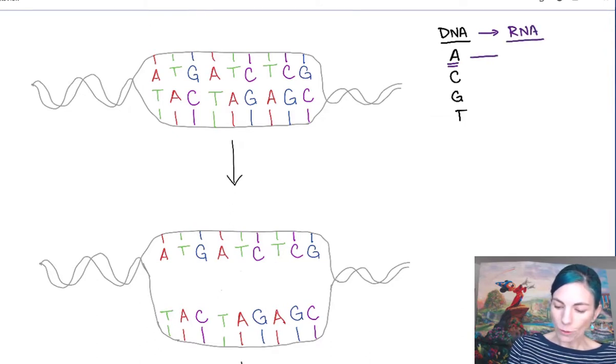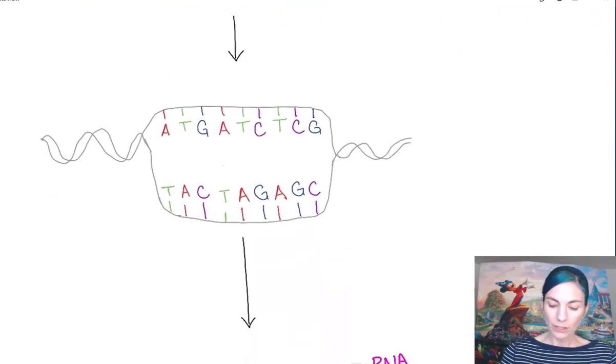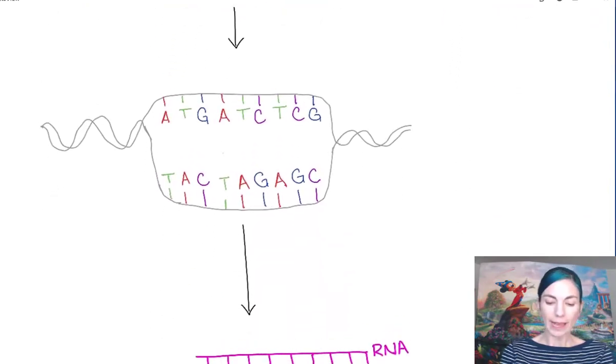So A is going to pair with U, C is going to pair with G like it always does, G is going to pair with C like it always does, and T is going to pair with A like it always does. So now we can use these rules to predict the RNA transcript that would be synthesized from this section of DNA. So let's go ahead and do that.